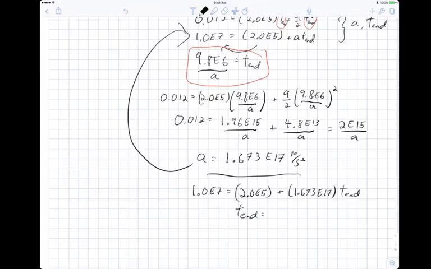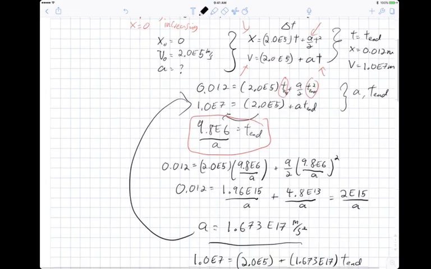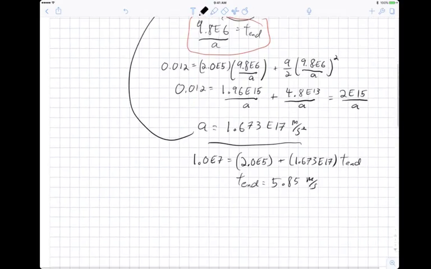So it's 1E7 minus 2E5 divided by 1.673 E17. That's 5.85 E minus 11 seconds. One question you might always ask is, does that make sense?